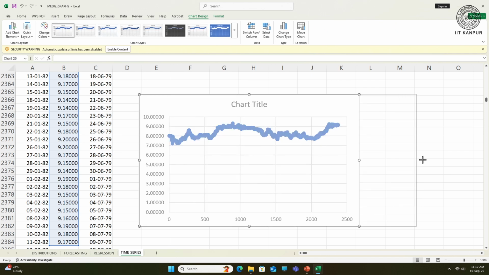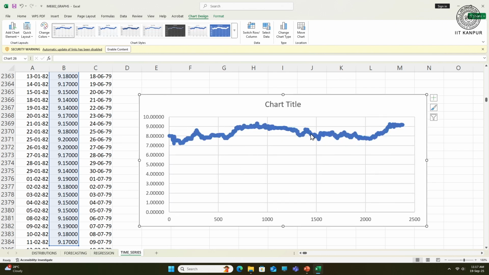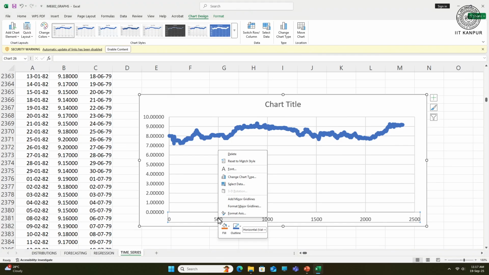So, this is the time series which I have. The x values which you have, 0 to 2500, are the data points. They can be marked with respect to the date, which I am not doing.